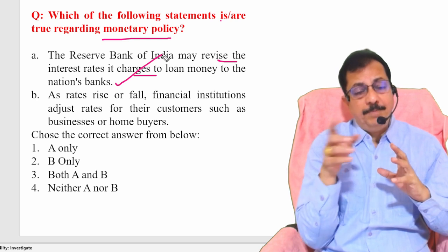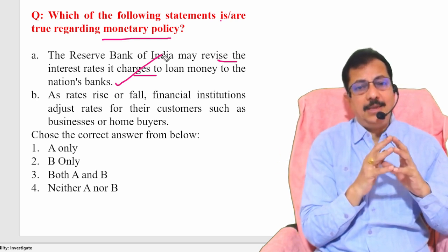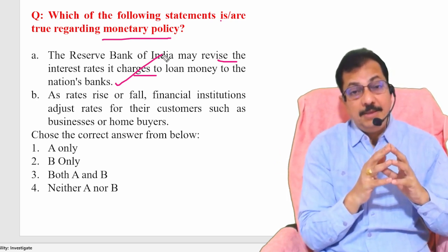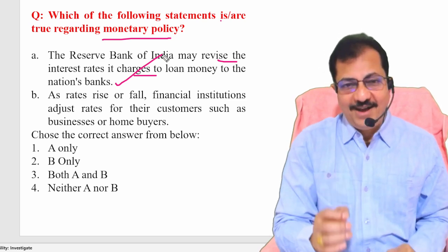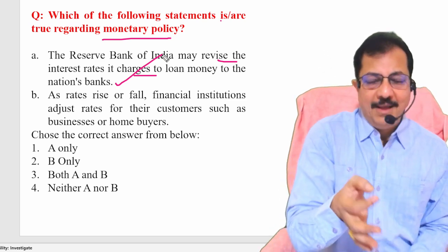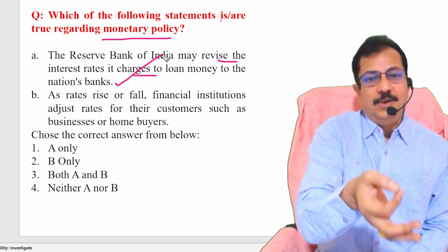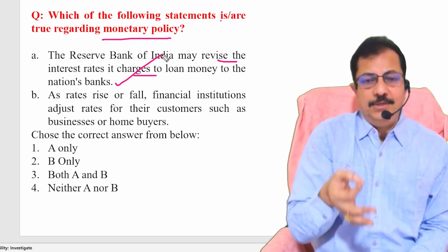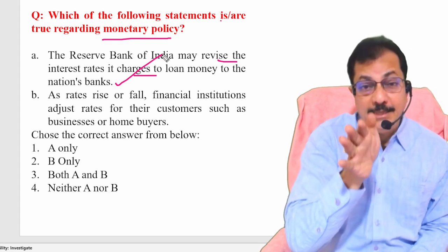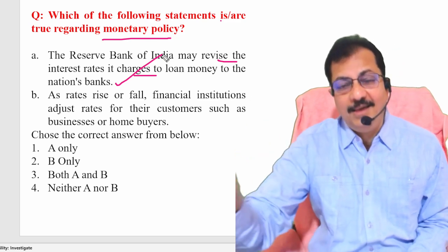And how much should be paid will be decided by RBI. Very, very important. Meaning, whether RBI is giving loan or taking loan, whether you are accepting interest or paying interest, everything is decided by RBI.